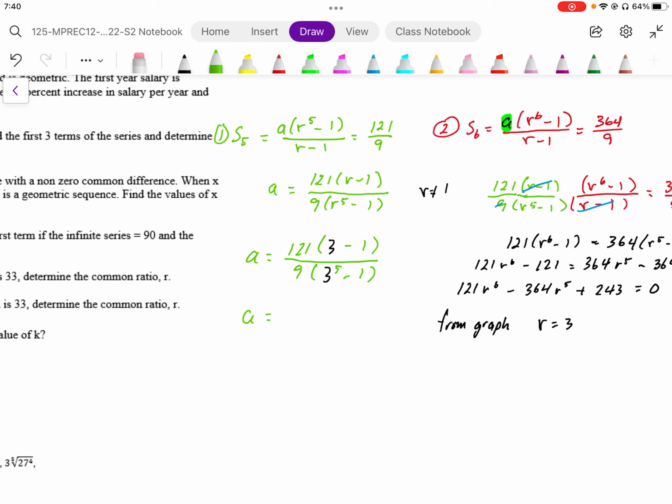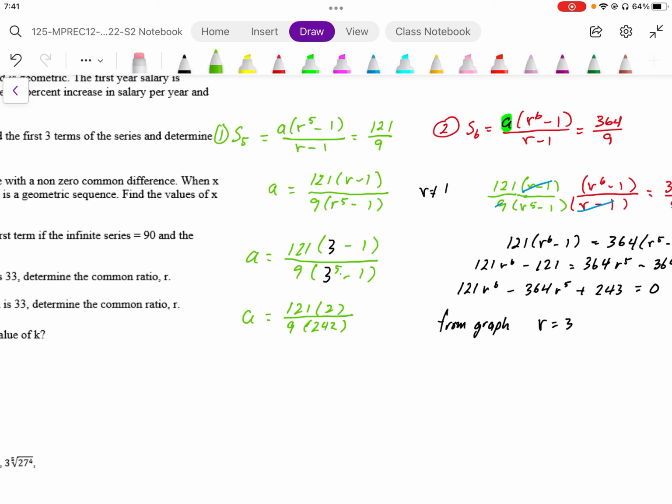So this ends up being 121 times 2, and in the denominator here, I get 9 times, 3 to the power 5 is going to work out to, sorry, 243, minus 1 is 242.